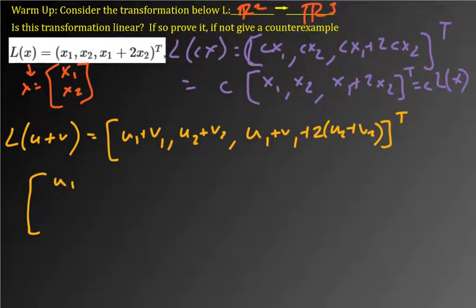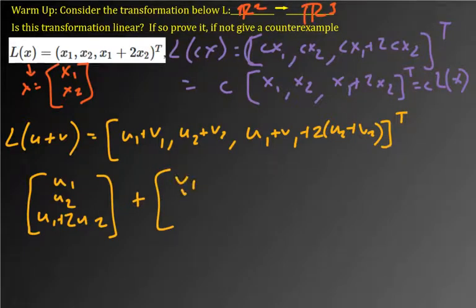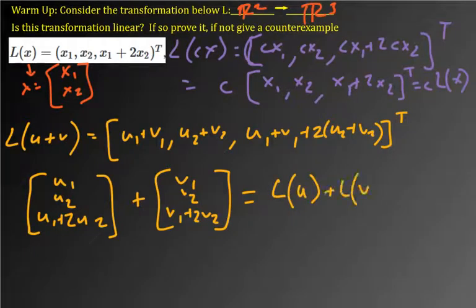I get u1, u2, and u1 plus 2u2, plus v1, v2, and v1 plus 2v2. And if you look at it, that is the linear transformation of u plus the linear transformation of v. And so that really does prove that this thing is a linear transformation.